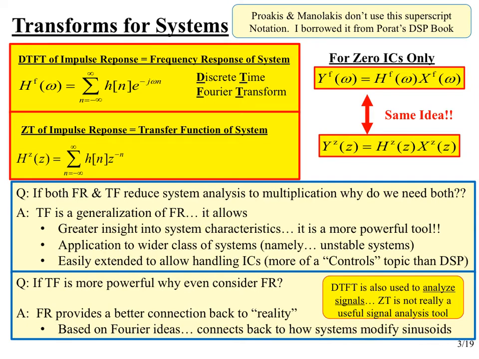Before we get into things here with the Z-transform, let's just define some things and try to get a feeling for why we're doing all this. We're trying to develop these transforms to allow us to analyze systems as well as analyze signals in and of themselves, but we're mostly interested in how to analyze the interaction of a signal with a system.